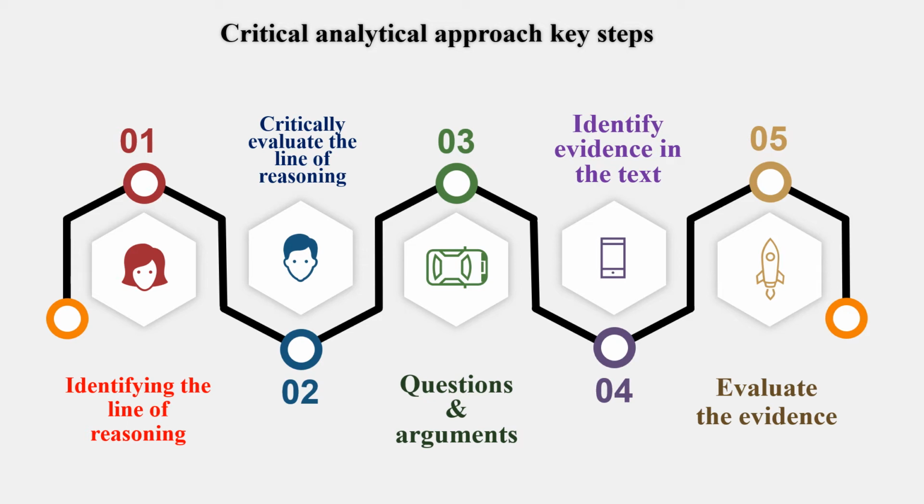This is very important, and then you move to the third step, which is the questions that you raise to analyze this line of reasoning and to know the hidden agenda and the hidden curriculum of this passage or text.